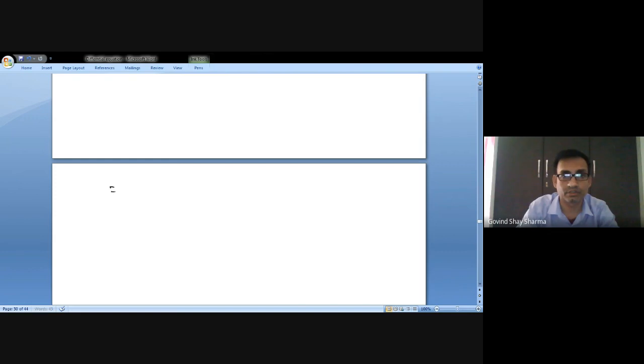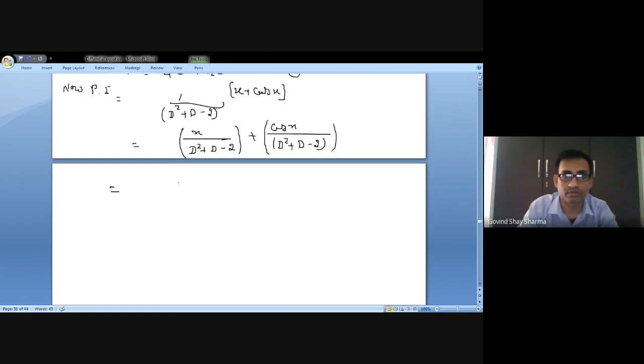So here we take minus 2 common, so this becomes 1 minus D square plus D upon 2 of x, plus cos alpha x.